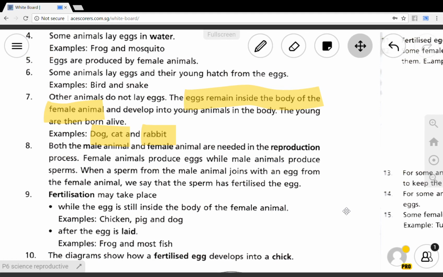There are some organisms that don't have male and female. Give you an example: yeast. Yeast don't have male and female, but they can reproduce. Bacteria, yeah, very good. So whatever we're talking about here is where there's male and female.